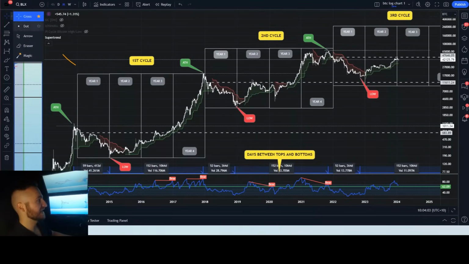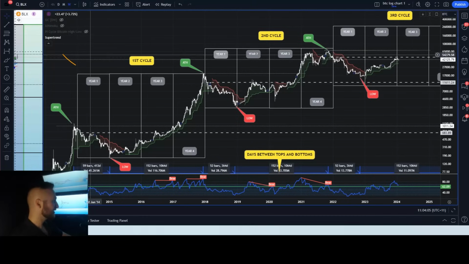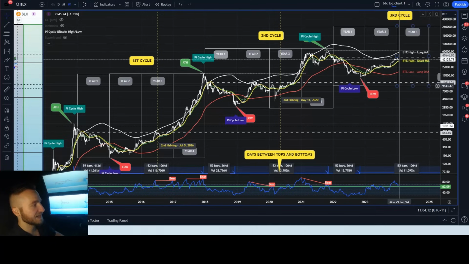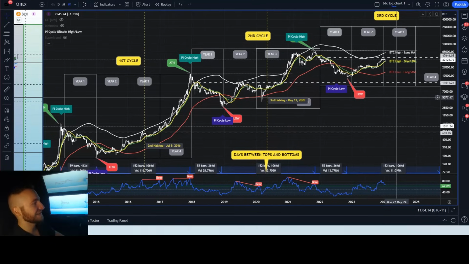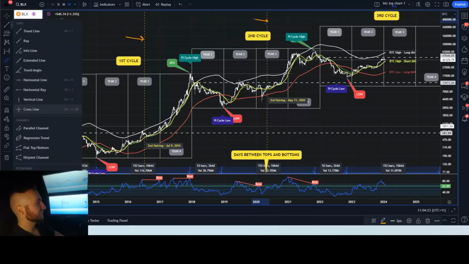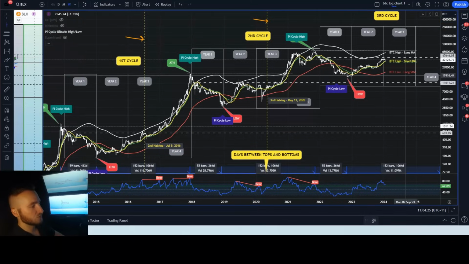If we bring up some more indicators, such as the Pi Cycle low, we can see according to historical data, we are moving within the expected range. If we take a look at the halving event, in the past represented by this dashed trend line here and the dashed trend line here, the halving event is expected to occur in April this year. So we go ahead and draw a line in April.